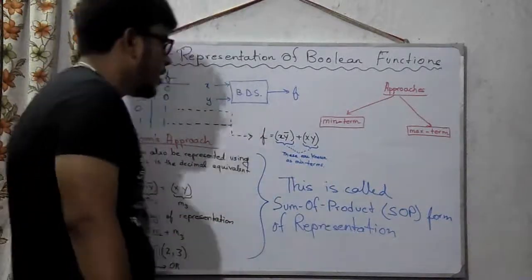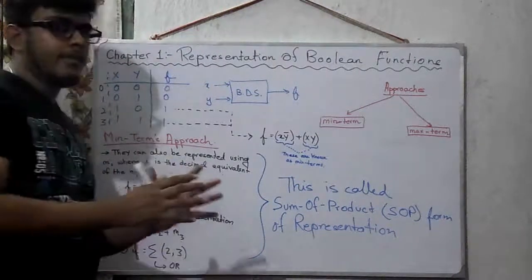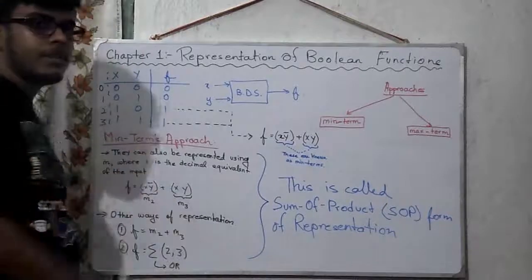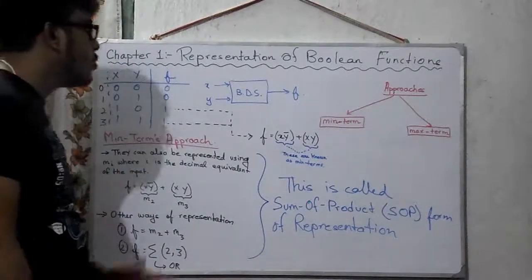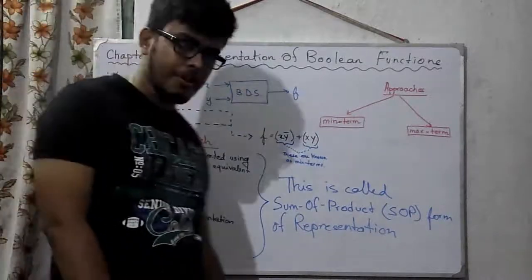Why is it called sum of products? Simple: the products are present and you are adding them up. So it is the sum of the products. This is how we use the MinTerms approach to represent a Boolean function.